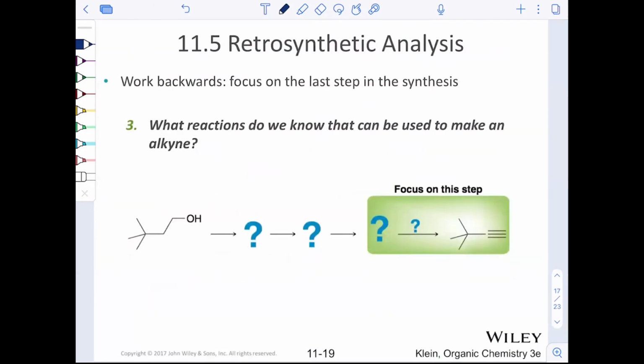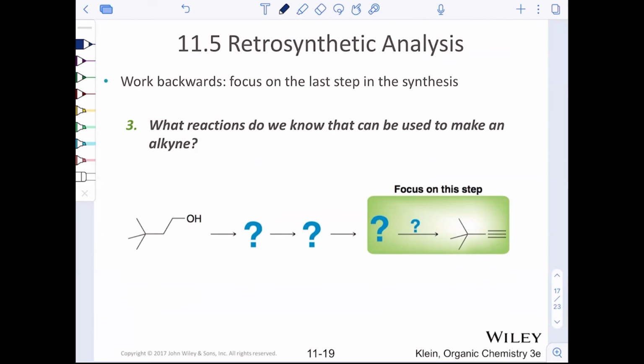So work backwards, focus on that last step. What reactions do we know that we can use to make an alkyne? That's a lot easier to answer than what can I do with an alcohol? Well, I can do a bunch of crap with an alcohol, Lauren. What do you mean?